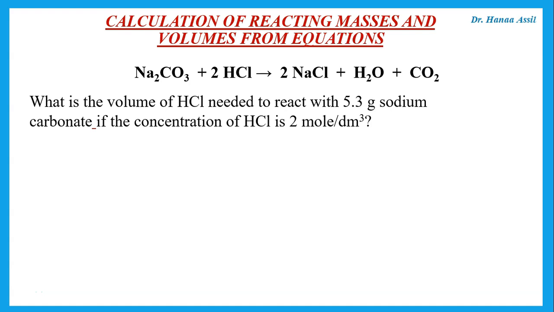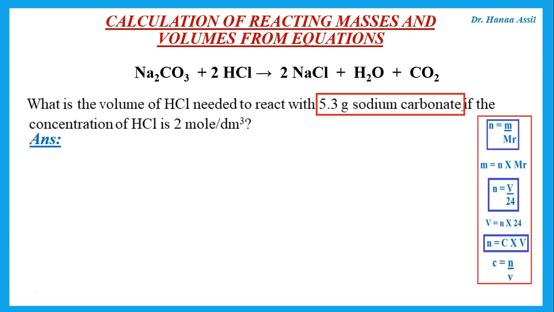Usually you're given an equation and you're told to get something from the equation. So let's say we have this equation and we are required to get the volume of HCl if I'm starting with certain information about something. Here we're told 5.3 grams of sodium carbonate. We're given information about sodium carbonate. The first thing that we do is get the number of moles.